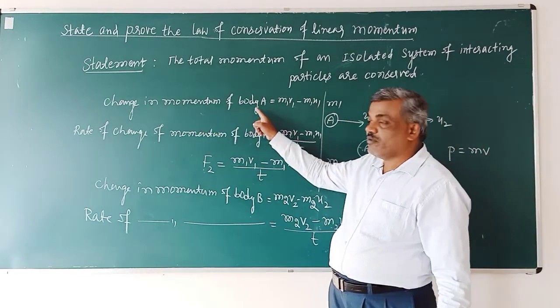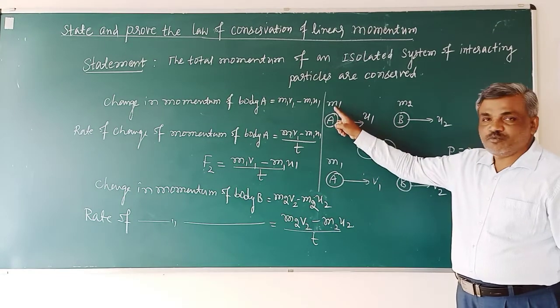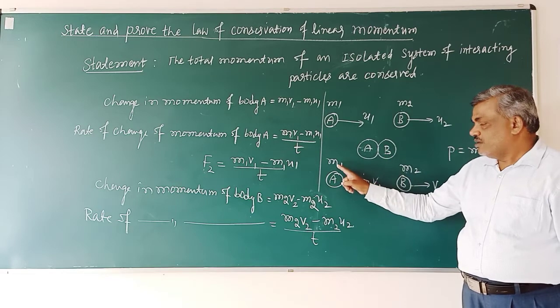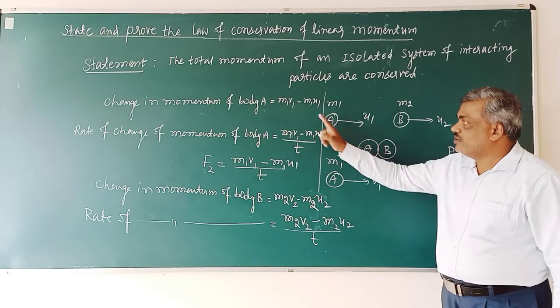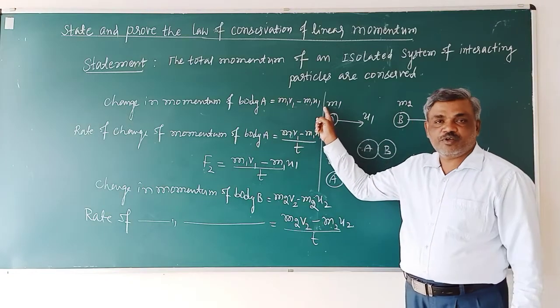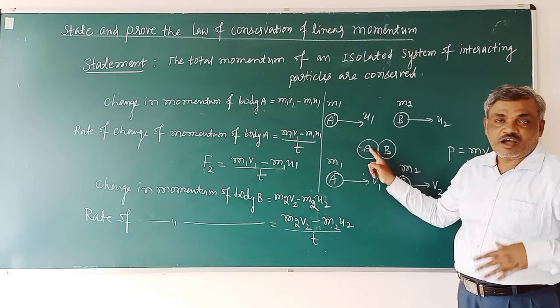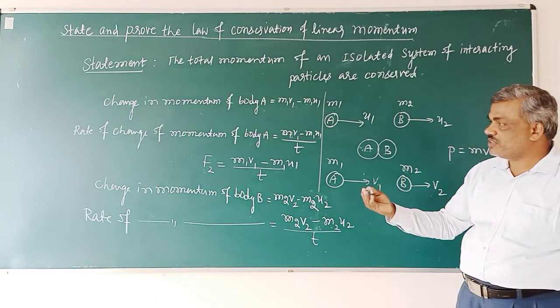Change in momentum of body A. This is body A, mass m1, initial velocity u1, and after collision the final velocity is v1, so the momentum is m1 v1 minus m1 u1. After the collision, the change in momentum takes place in time t seconds.